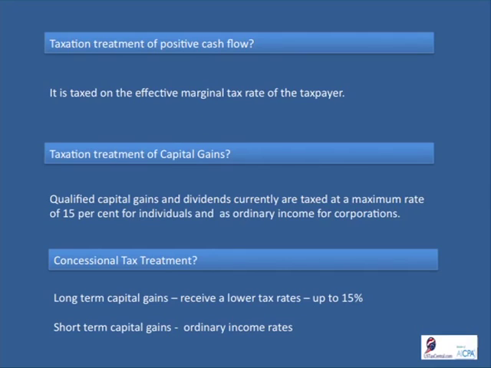If you dispose of your asset within 12 months, then you don't get a preferential tax treatment. So obviously, you'll be taxed on ordinary income rates. So that's something to take away: if you want to utilize those concessional tax rates, you have to hold that property for at least over a year.